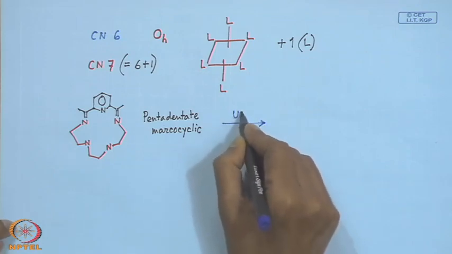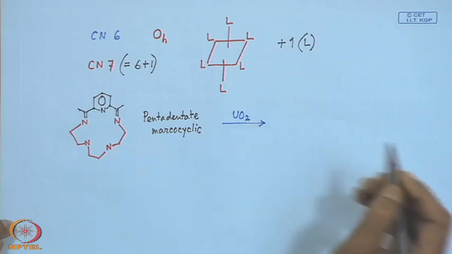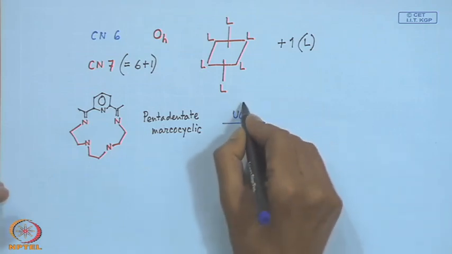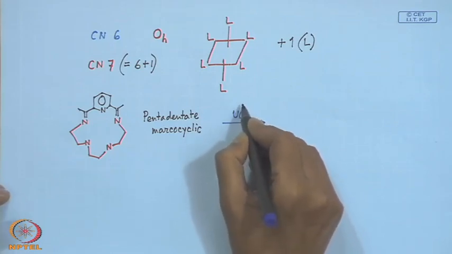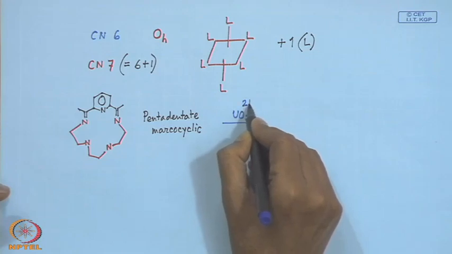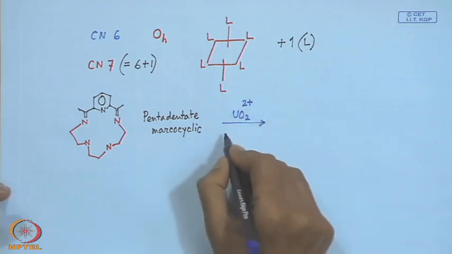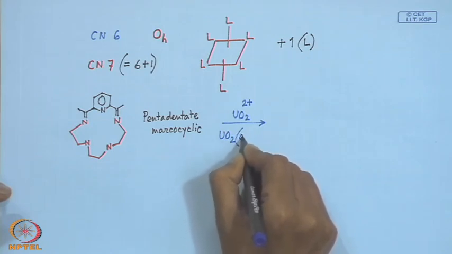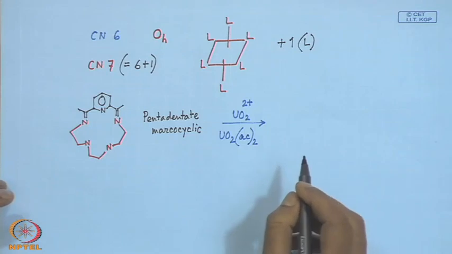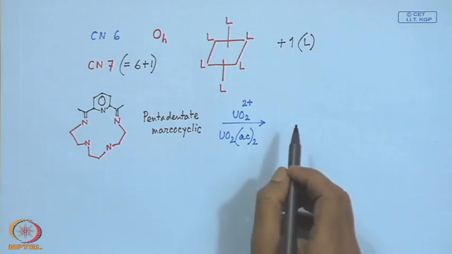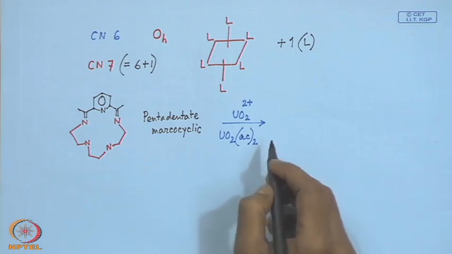when it is reacting with UO2 type of metal center, so it is UO2 2+, it can be uranyl acetate also, uranyl acetate is a well known starting material we use in the laboratory also.